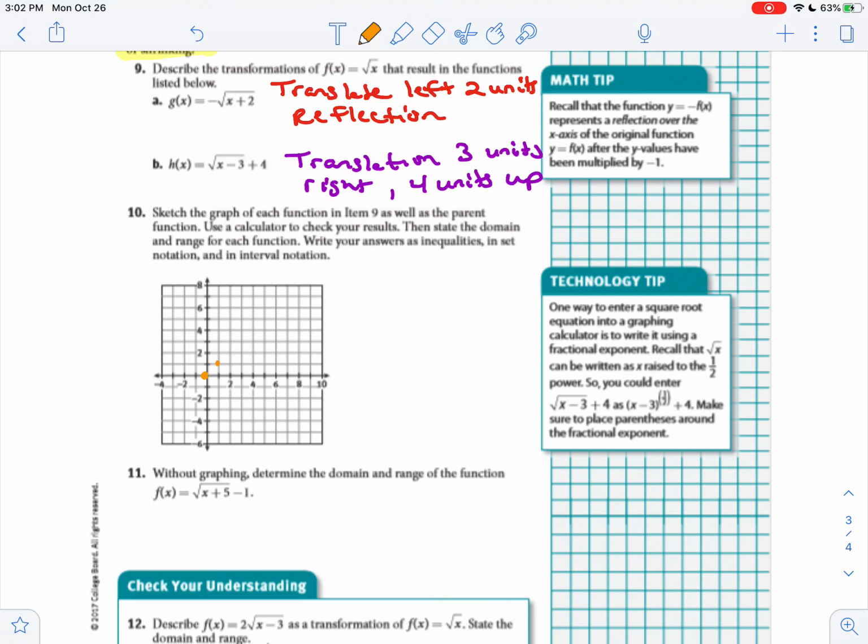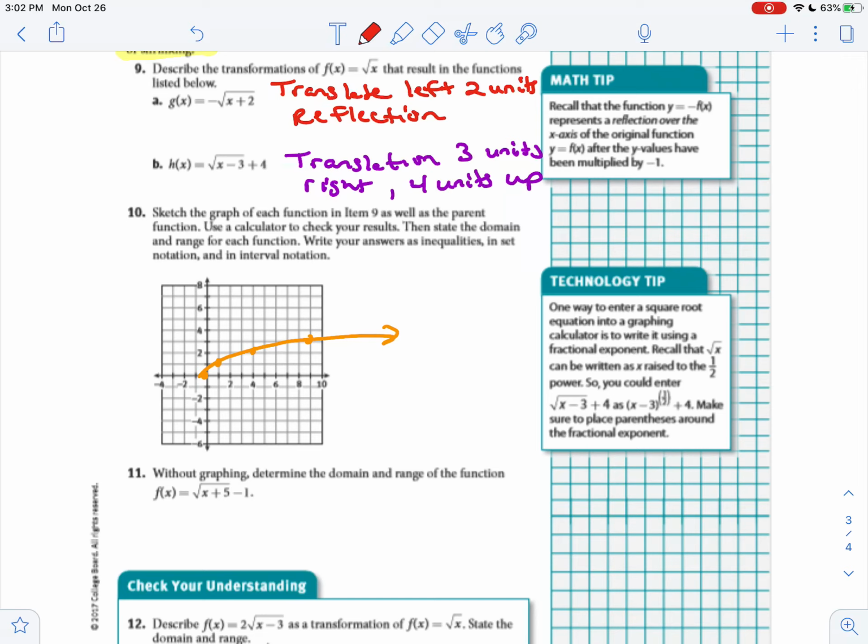So our original parent function, I always like to put on to start with, and the original parent function, of course, is 0, 0, 1, 1, 4, 2, and 9, 3. So there's the parent. Now we're going to take that function and do some work with it. For part A, the red function, that's going to be g of x.